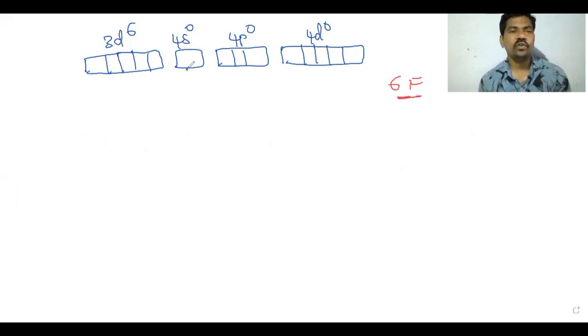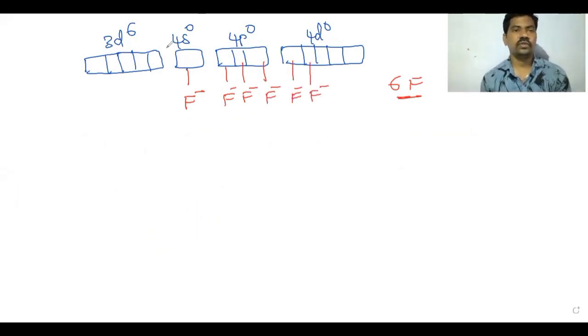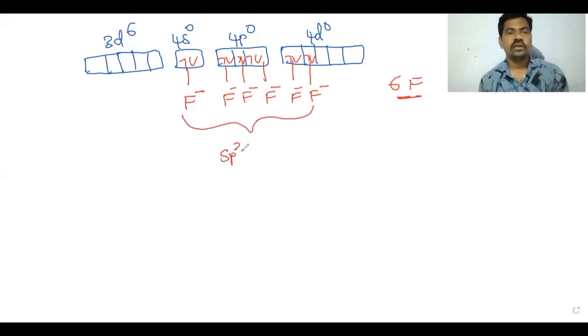Each fluoride ion will donate a pair of electrons to these vacant orbitals. So in total there is sp3d2 hybridization. How many hybrid orbitals? 6 sp3d2 hybrid orbitals.